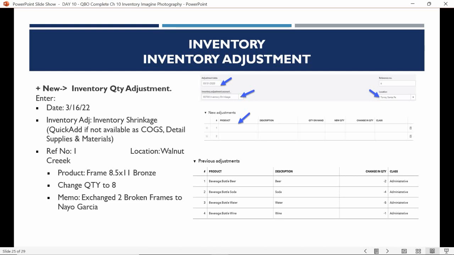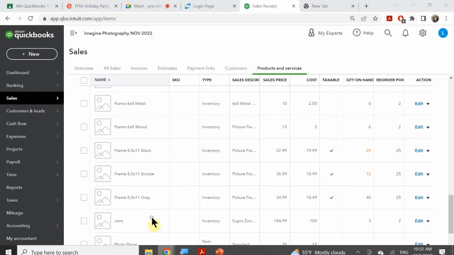For a product that you sold to a customer that is broken, you have the option to refund the money or to give a brand new one. In this case, Neo Garcia is going to receive 2 brand new picture frames. So we're not going to charge her for it, because we already sold her 2 of those bronze picture frames, and it just so happens that 2 of them were cracked or broken. Let's go ahead and do that real quick.